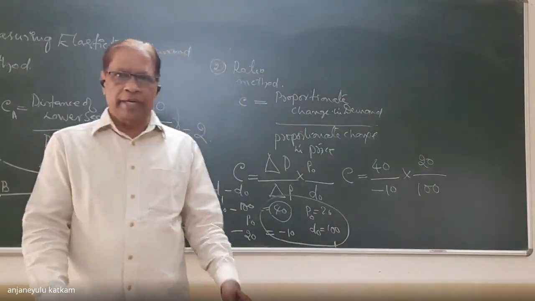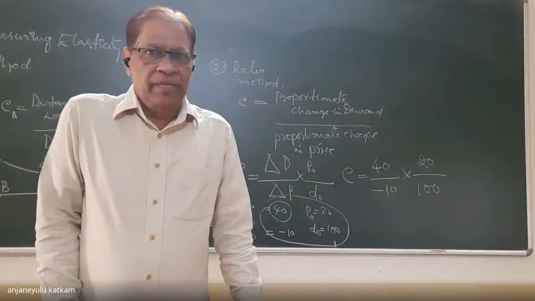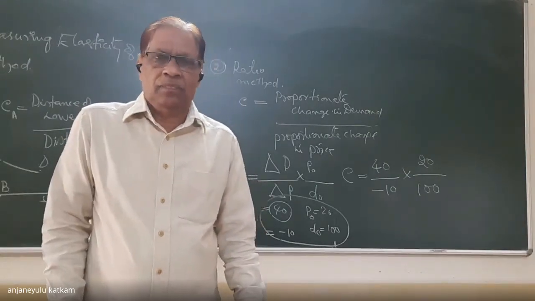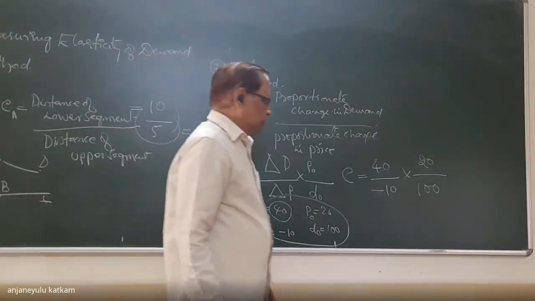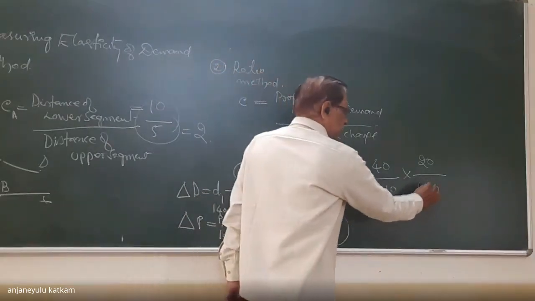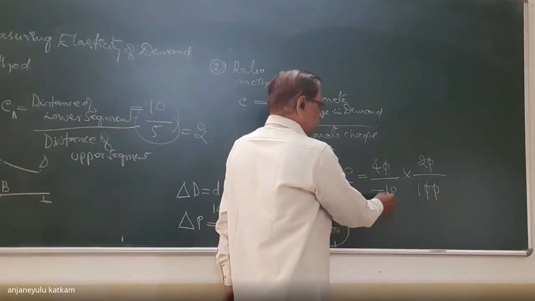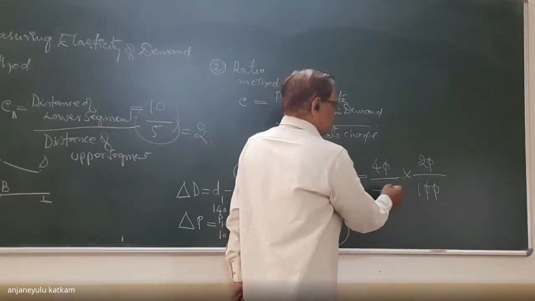So we substituted all the values into this equation and you can find out what will be the elasticity. You cancel these two zeros here, and here also cancel these two. This is only 1. So how much will it be?